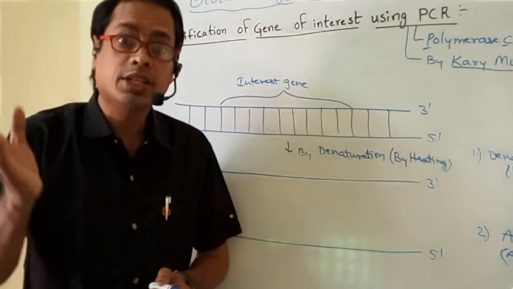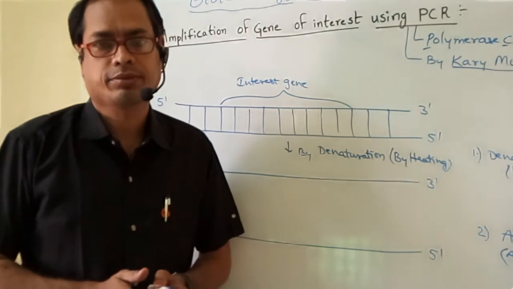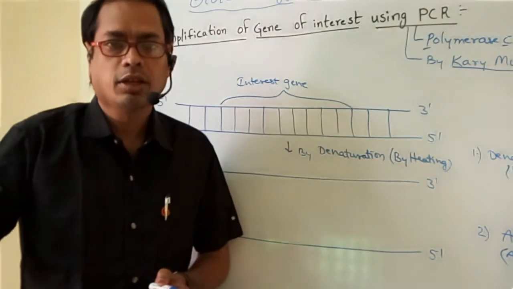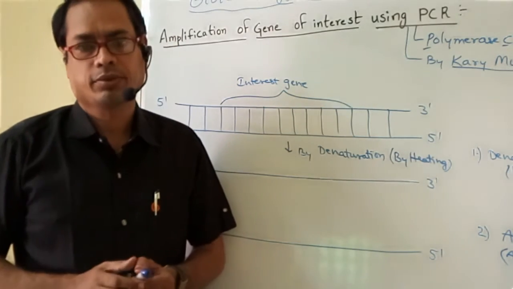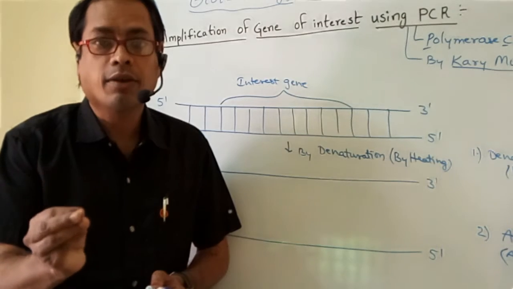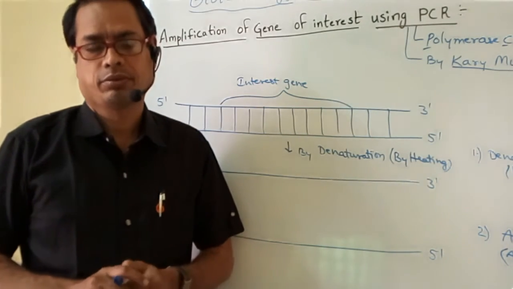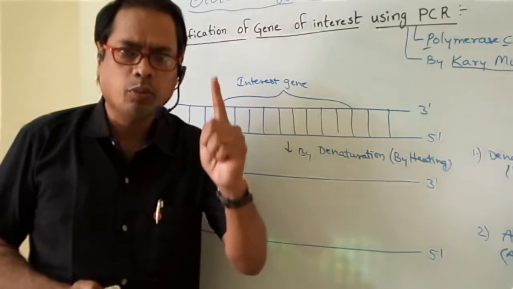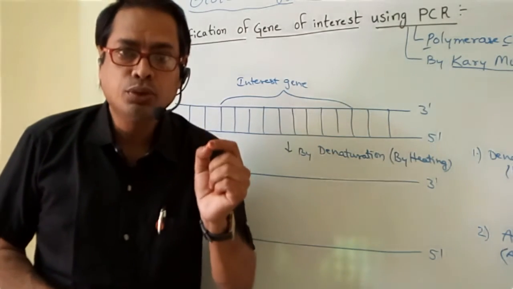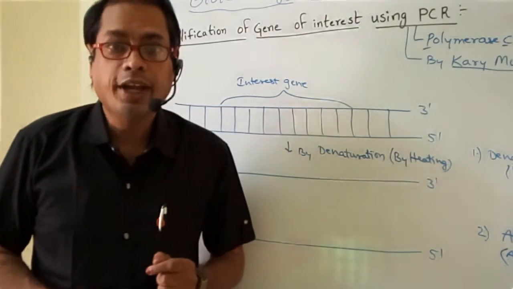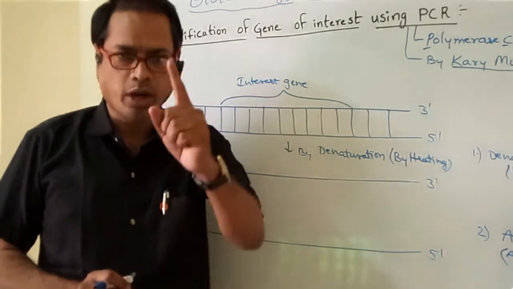Template of discontinuous strand has polarity 5 to 3. Template of continuous strand has polarity 3 to 5. So the main point to remember is that the new DNA strand is always synthesized from 5 to 3 direction.